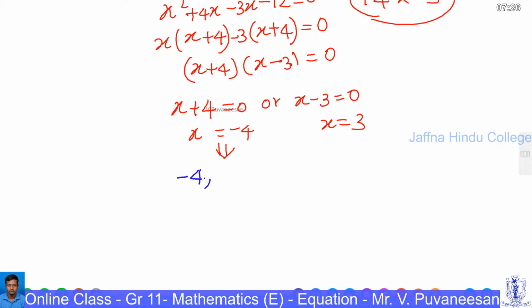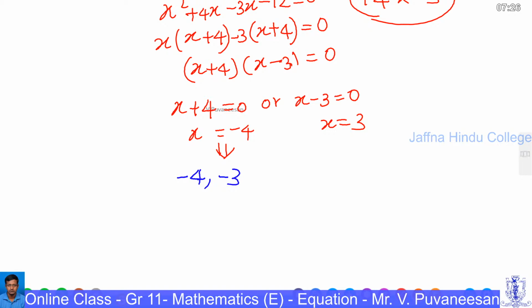The other number, since they say consecutive integers, the consecutive integers are x and x plus 1. X is minus 4, so x plus 1 will be minus 4 plus 1, minus 3. Now multiply minus 4 into minus 3 is equal to 12. The product is also 12, as they say.